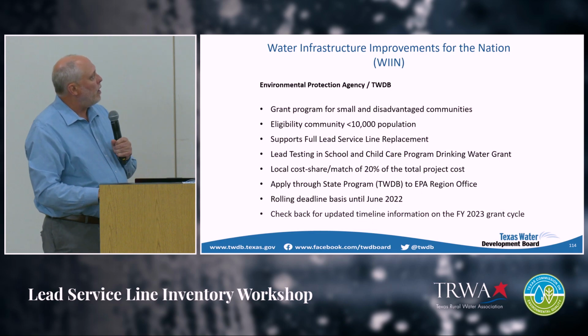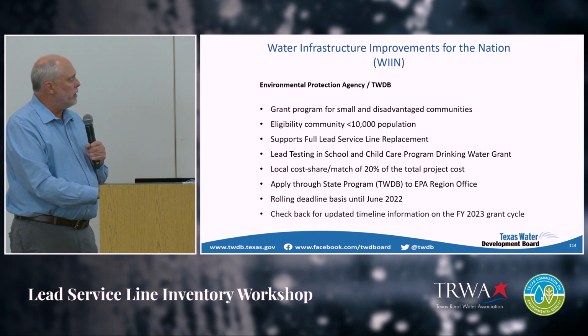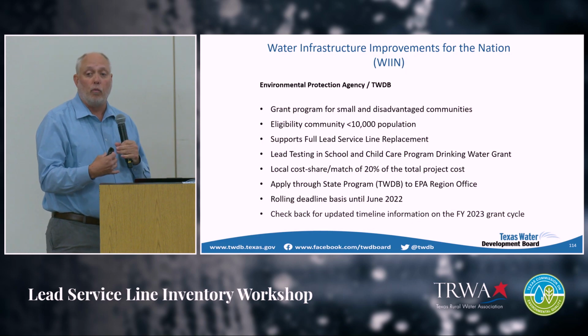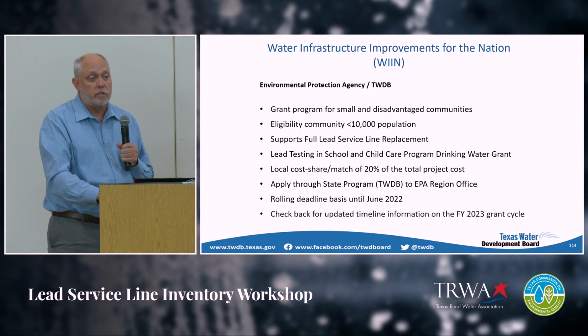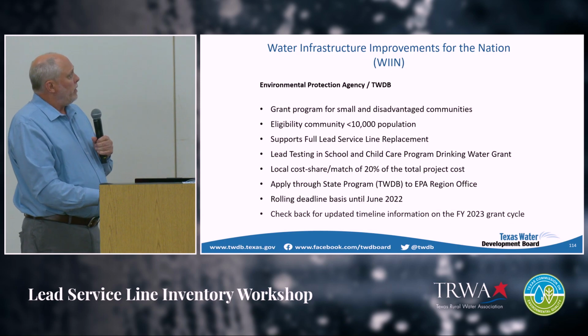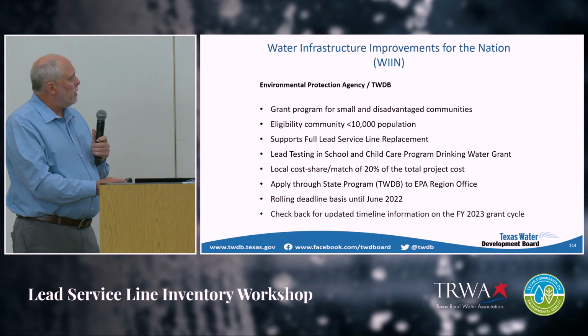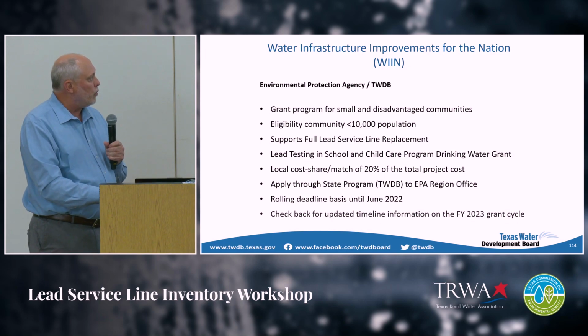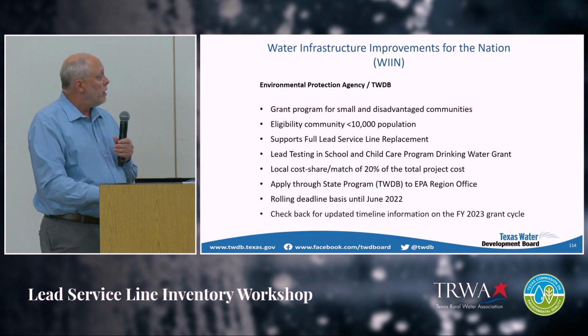Then we also have a program called Water Infrastructure Improvement for the Nation. Again, these are federal programs that the Water Development Board manages for Texas. The eligibility is small communities, 10,000 or less, lead testing for schools and daycares.